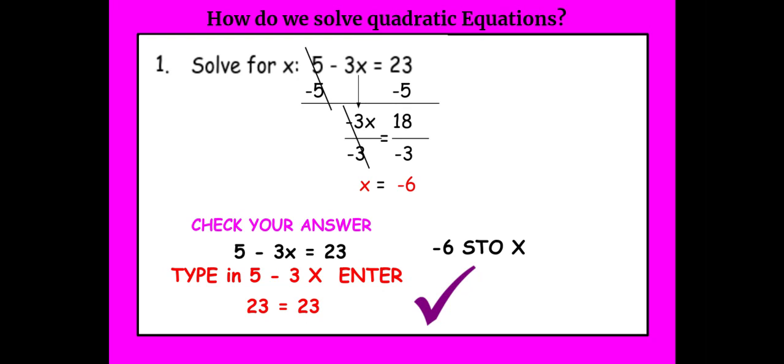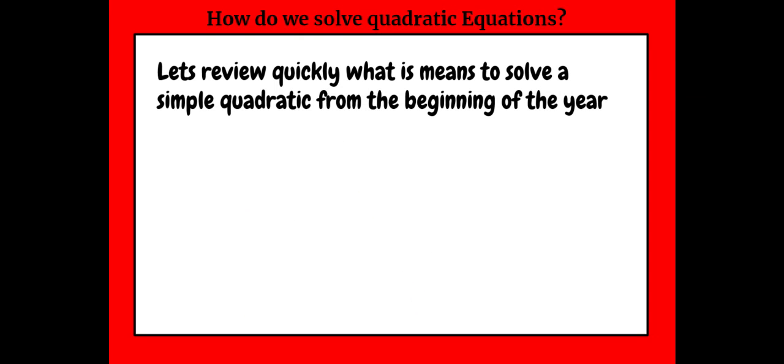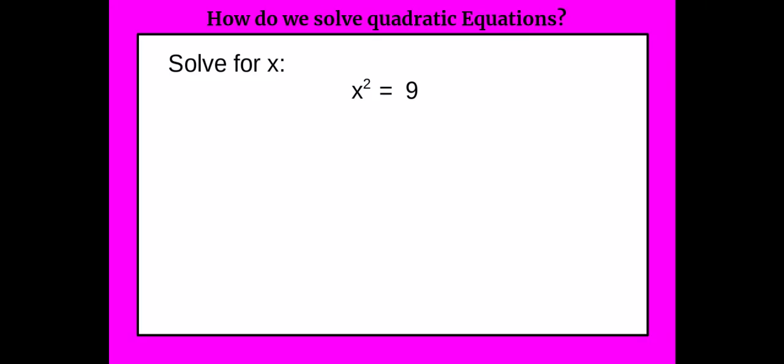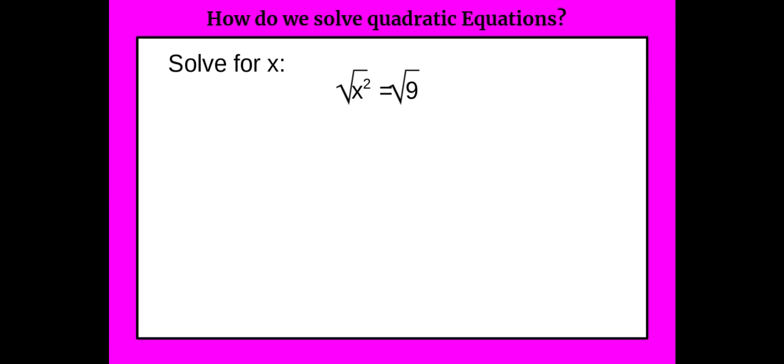Now today it's going to be a little different when we are solving the quadratic, but the store is going to be the same. Let's also review quickly what it means to solve a simple quadratic from the beginning of the year or even in seventh grade. With the Pythagorean theorem, if it said solve for x and we have x squared equals 9, most of you remember we square root both sides. When we square root x squared, we get x. When we square root 9 on our calculator, we get 3.